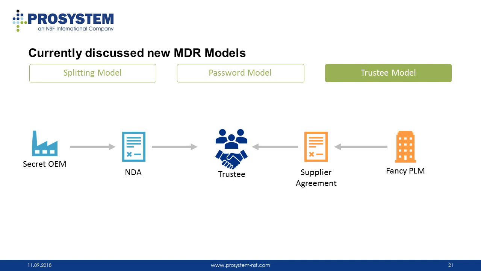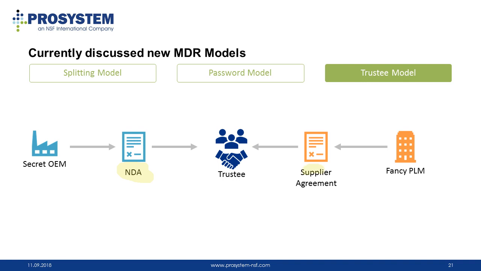So for these medical devices, it means that you've got your OEM, and between the OEM and the private label manufacturer, there is a third party, an independent party, who has a non-disclosure agreement with the OEM, where he of course agrees that all the confidential information in the documentation will never be disclosed to the private label manufacturer.